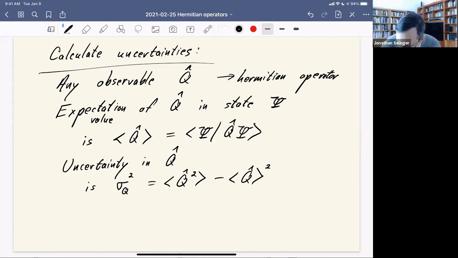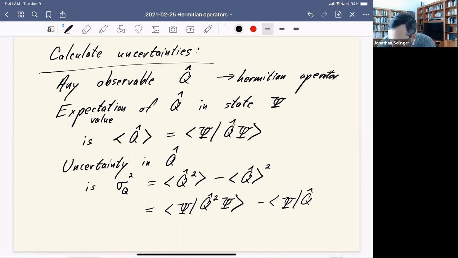All right. So that is the inner product of psi with Q squared acting on psi minus the inner product of psi with Q psi quantity squared.